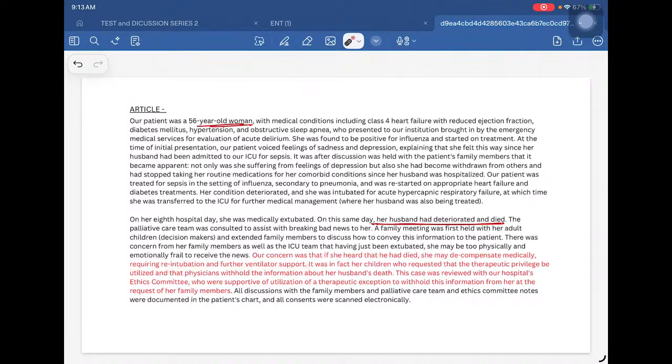That is why the children requested that therapeutic privilege be utilized, and the physicians can withhold the information about her husband's death. This case was reviewed with our hospital ethics committee, who were supportive of utilization of therapeutic exception to withhold the information from her at the request of the family members. So this is how you basically use the therapeutic privilege, wherein you withhold some of the information from the patient that might harm the patient otherwise.